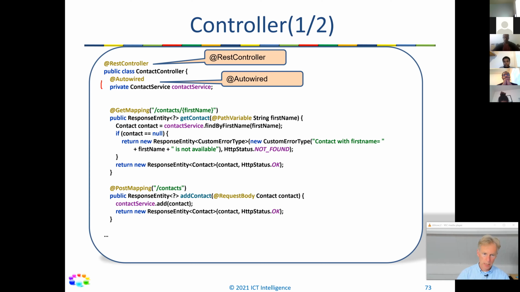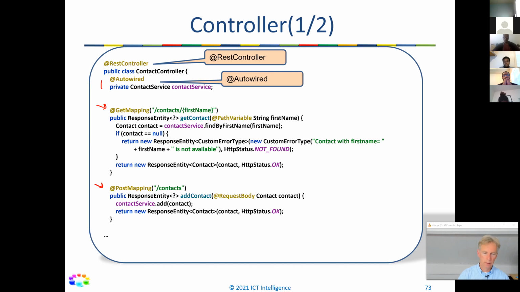And then my REST controller, I auto-wire the contact service. And then I make my mappings here. So in Spring Boot, if you want to call a method when you send a GET REST request, you have a @GetMapping. If you want to call a method when you send a POST, you have a @PostMapping.